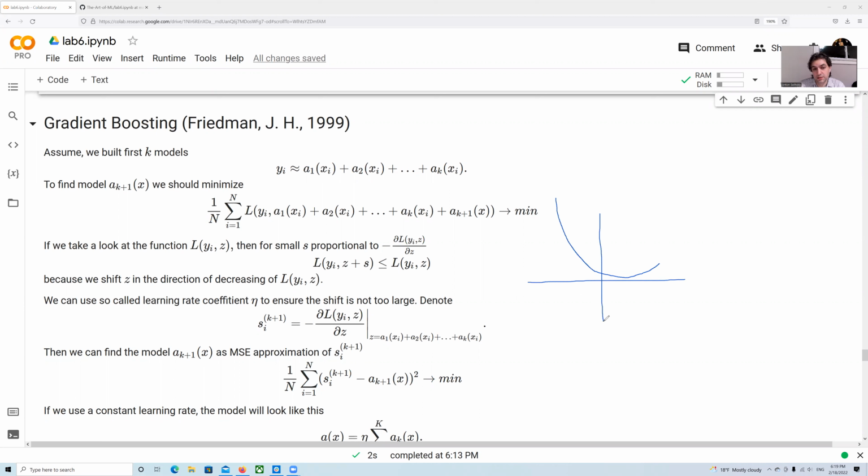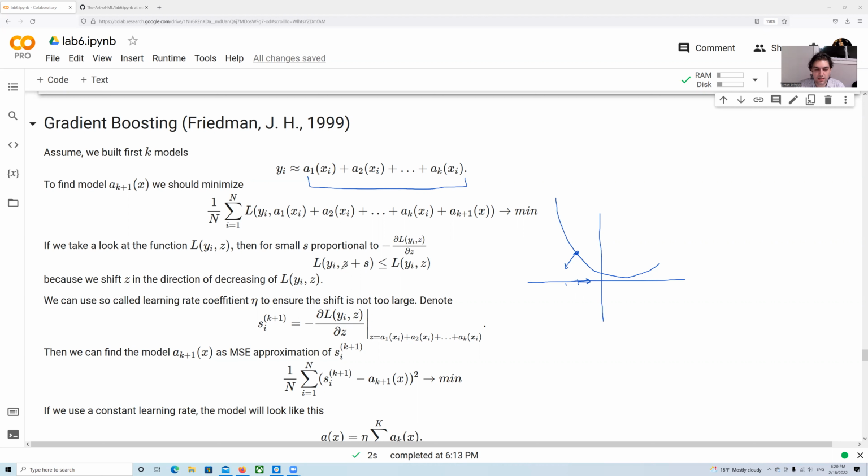Our goal is to minimize the loss function. So if we have a value of the loss function for the previous k models here, then we can calculate the gradient, and it's obvious that we should go in the direction of the negative gradient, or also people say anti-gradient, to minimize this loss function.